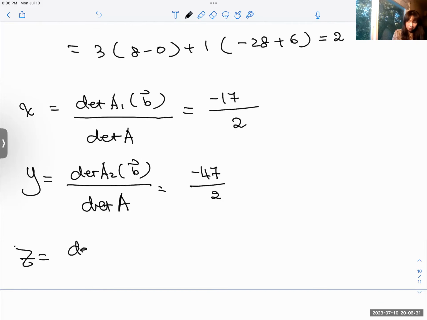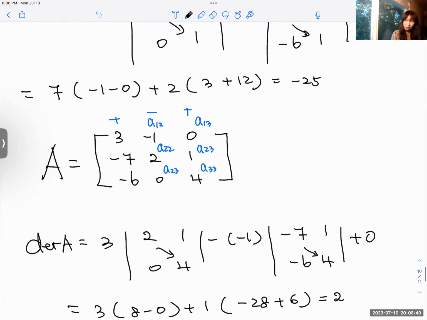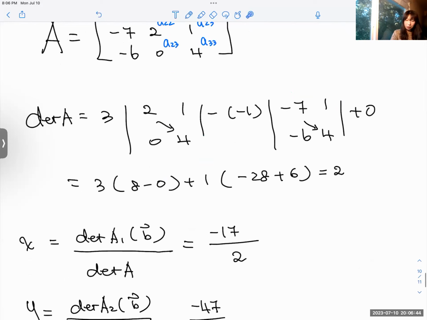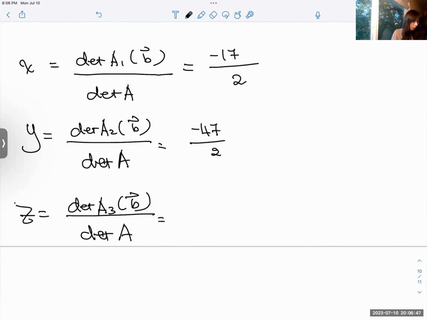Z is determinant of A sub 3 over determinant of A, so negative 25 over 2. Good job.